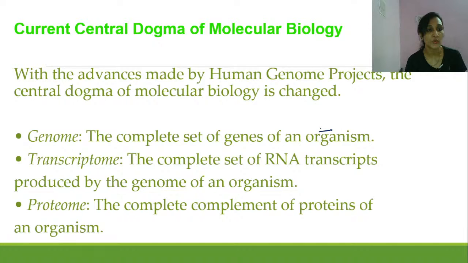The euchromatin and heterochromatin that we were seeing are present in the genetic material. But when we talk about RNA, when RNA is formed, RNA itself is made up of exons and introns. Exons can form proteins, and introns cannot make proteins.